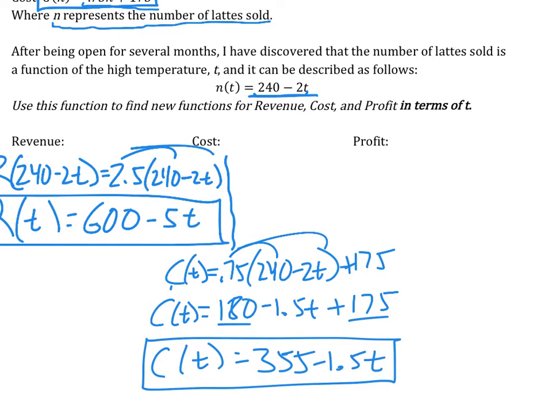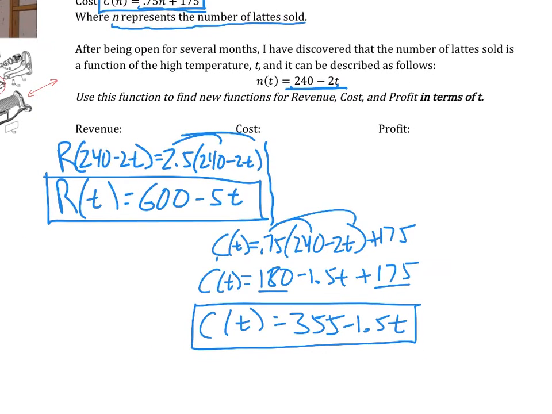Okay, so we've got a function for the revenue, with money coming in, and the function for the cost. If we want to find the profit, we have to subtract those. So we can find the profit by combining those two things, our revenue minus our cost.